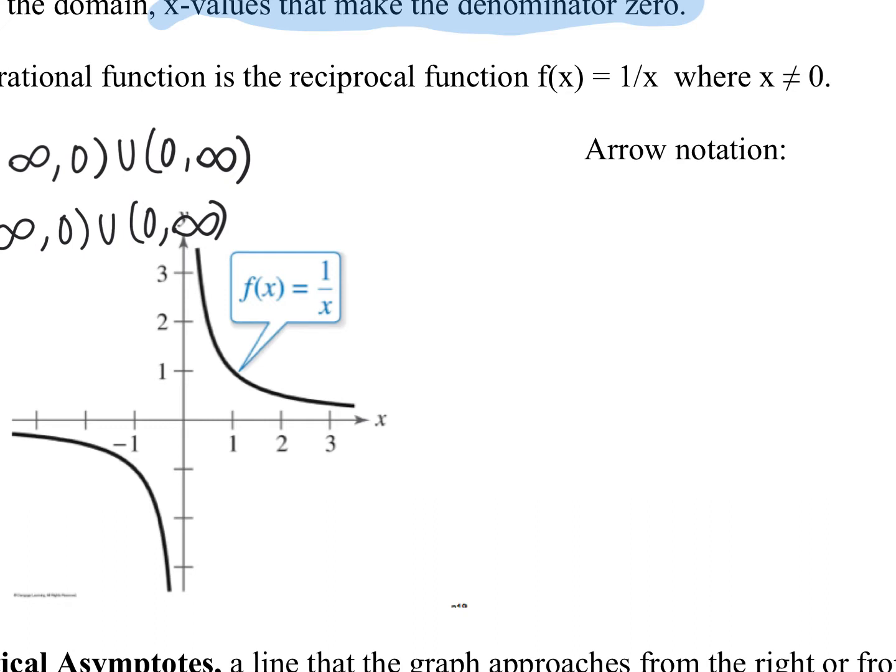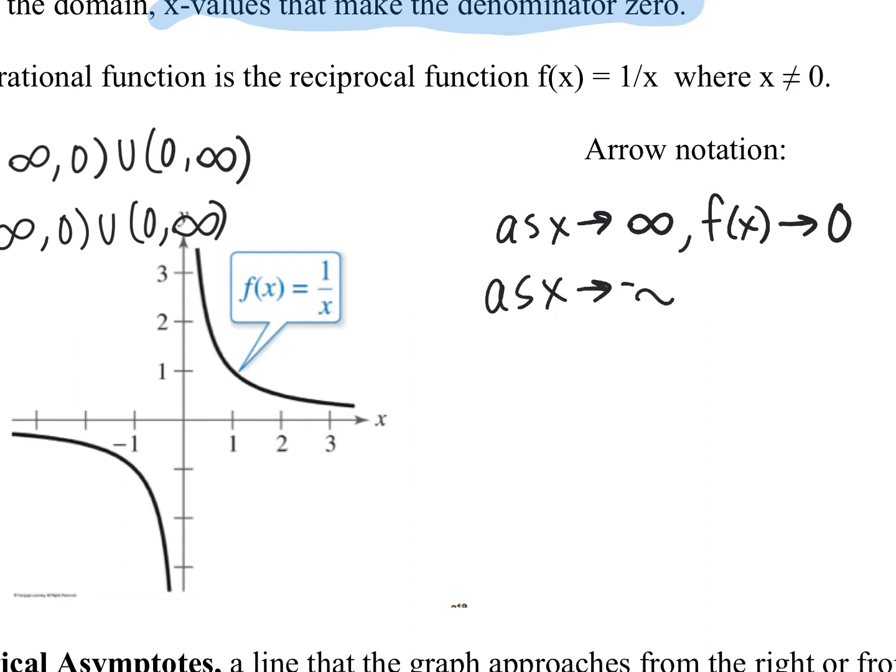For this particular function, we would say that as x goes to infinity, as we go to the right side of our graph, f of x goes to 0. As we go further and further, we are dividing by a larger and larger number, so the result gets smaller and smaller. And similarly, as x goes to negative infinity, again, f of x goes to 0.